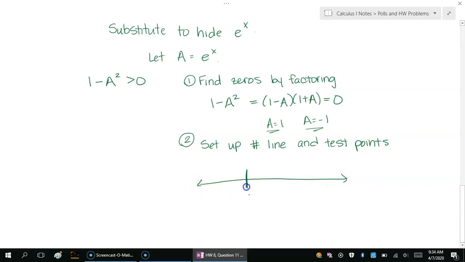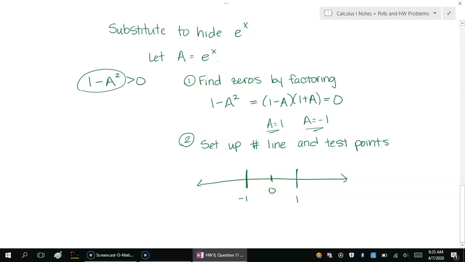I have a break at negative 1, and I have a break at 1. And the thing I'm looking at is this 1 minus a squared. I want to know where that's positive and where it's negative. I need to test one value in each of these three regions. Let's start with 0, because that's always simple.